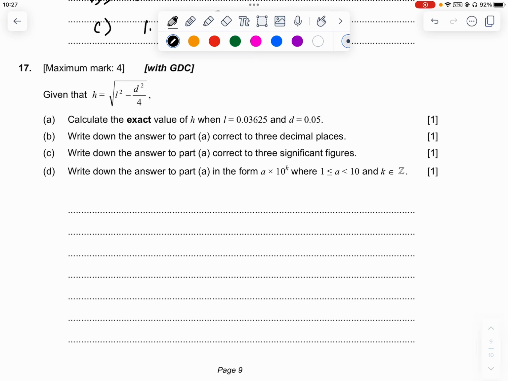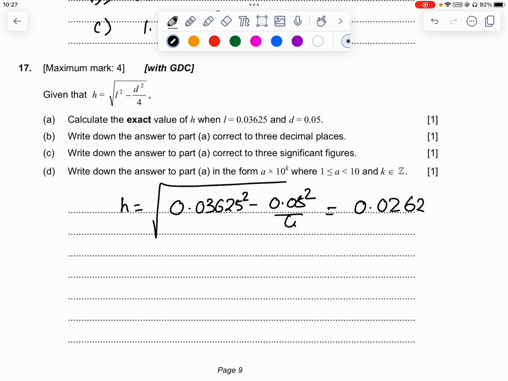Question number 17. Calculate the value of h. H equals to square root of 0.03625 square minus 0.05 square divided by 4, 0.02625. Then three decimal places, 1, 2, 3. So it's going to be 0.026.